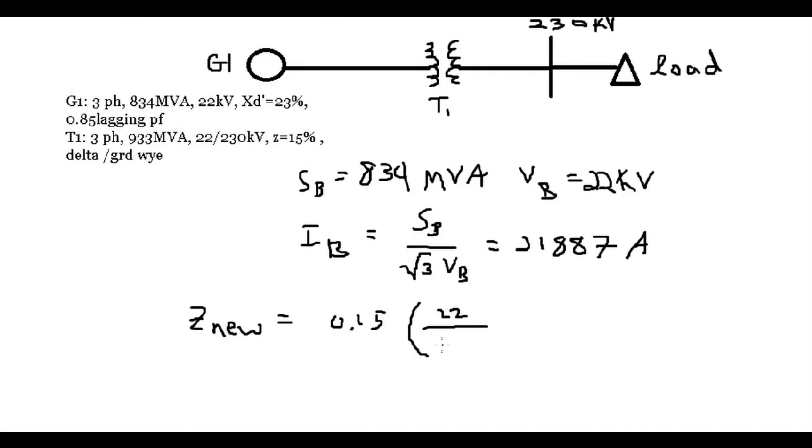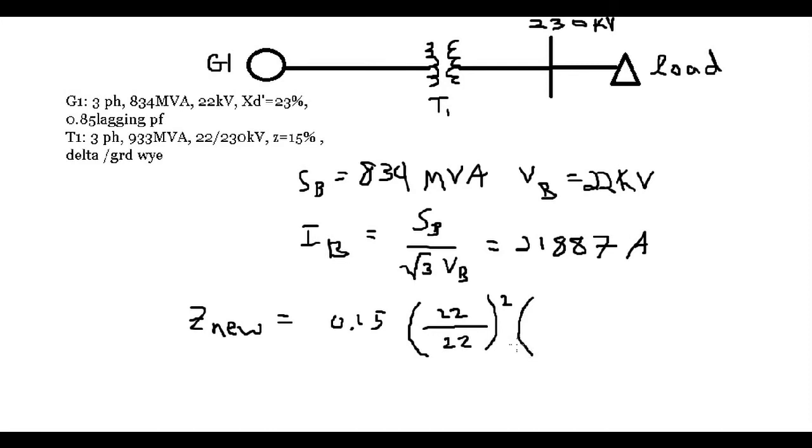That's just going to be our 22 kV divided by 22 kV. It's going to be 1 squared. Our base voltage is the same as the voltage we're calculating our primary side short circuit current at, so it's the same.